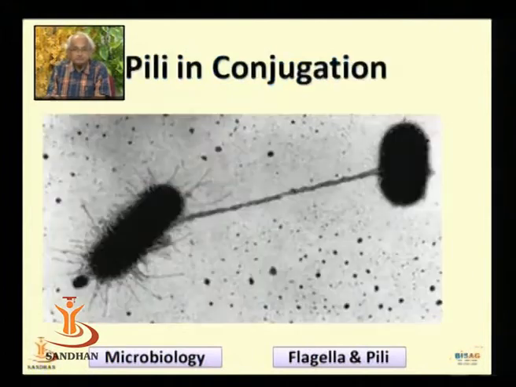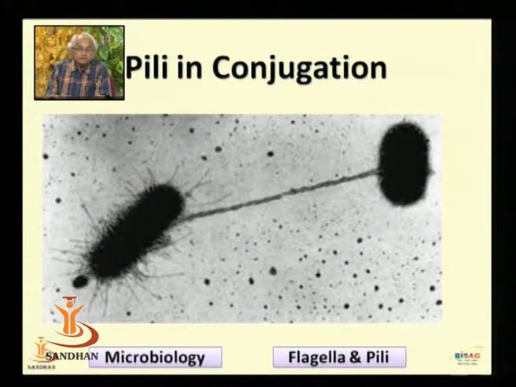You can see here, this is one more example and a very famous photograph of two bacterial cells which are connected with each other by help of a sex pilus. This is in the process of conjugation. The cell on the left is the one which is pileated, which contains a sex pilus, and it has extended its sex pilus towards the one at the right hand corner, and the two have been conjugated, united with help of that sex pilus.